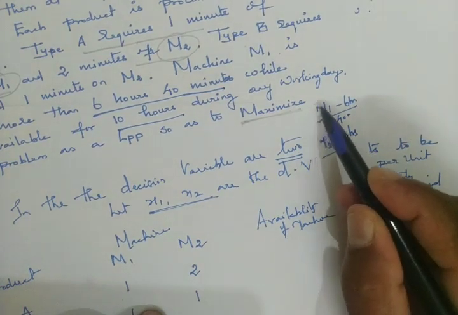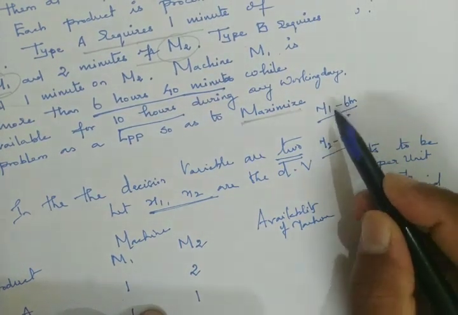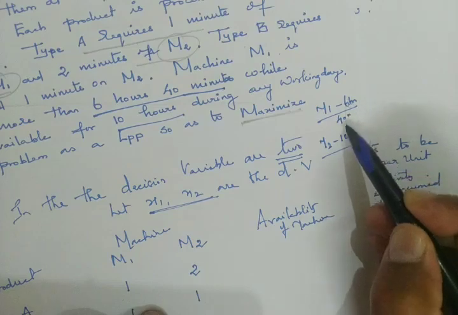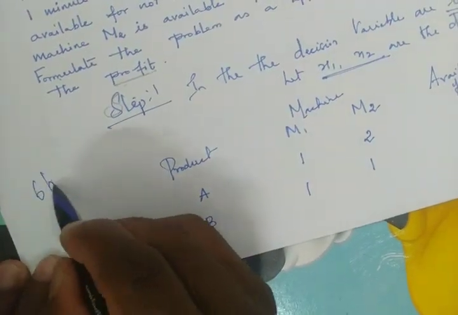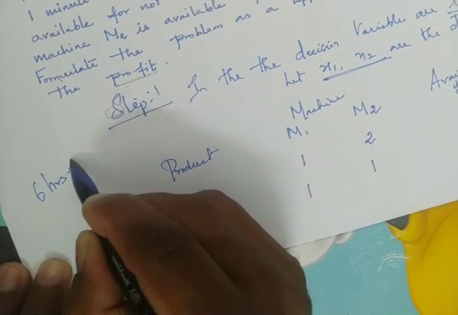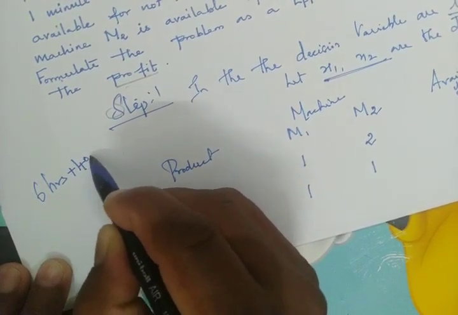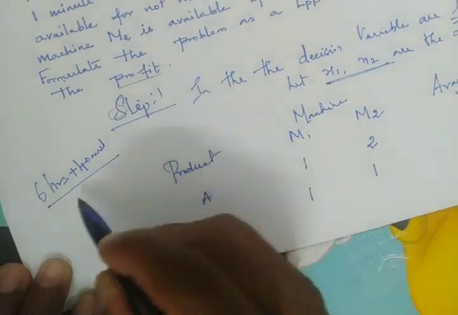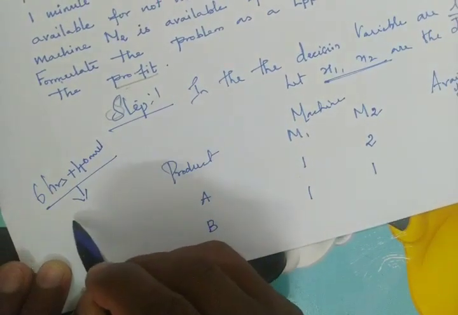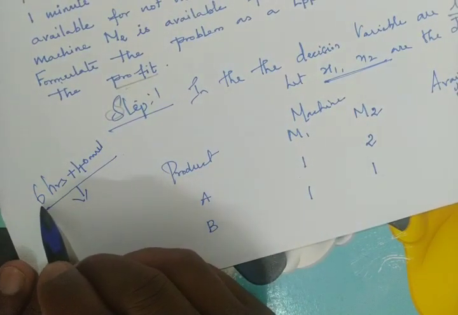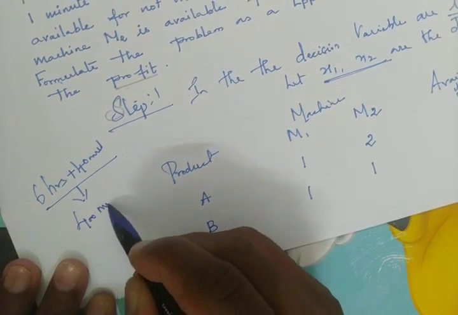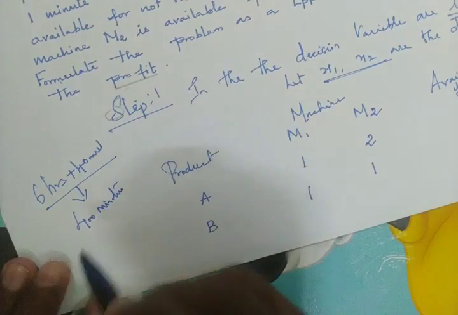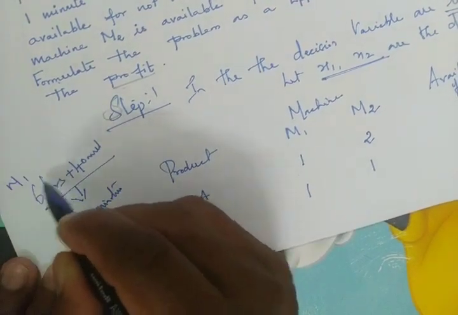That's the reason we convert both machines' times into the same unit. 6 hours 40 minutes: 6 hours into 60 minutes is 360, plus 40, we can write as 400 minutes. And this is for machine M1.